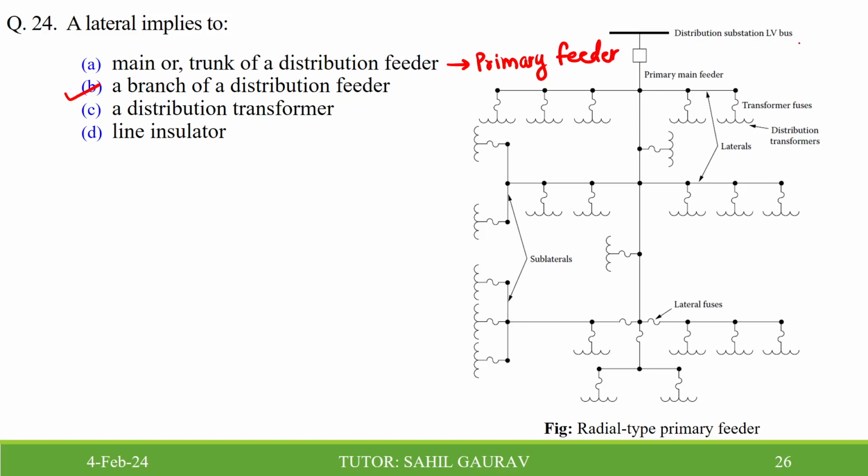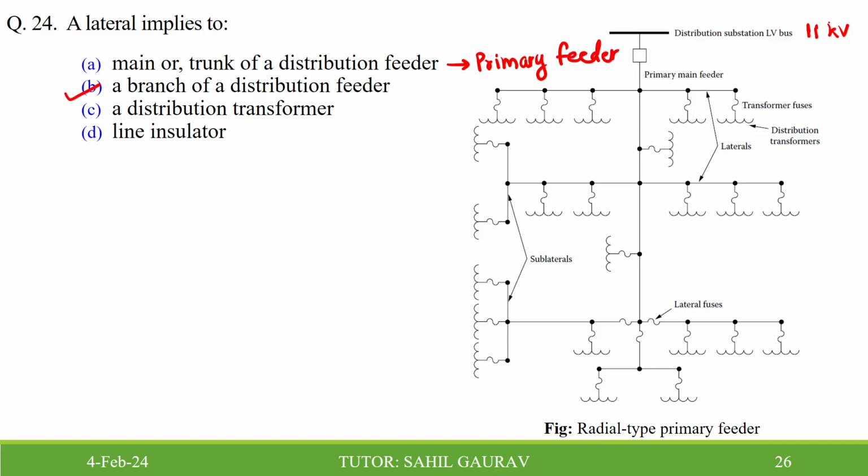Can anyone tell? 415 volt? No, no. The primary feeder is generally 11 kV.